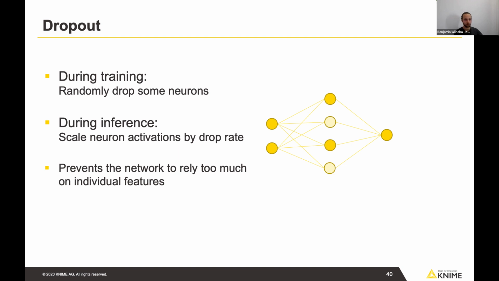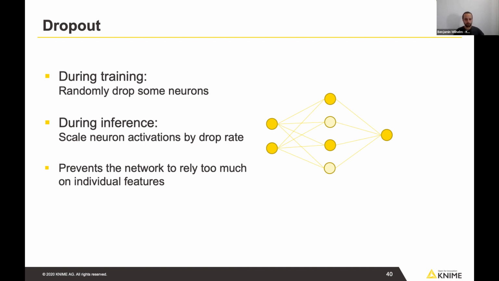But there's also regularization that's specific to neural networks, which is called dropout. For dropout, you randomly drop some neurons during the training. So you deactivate them, and the model can then not rely on the features of these individual neurons.